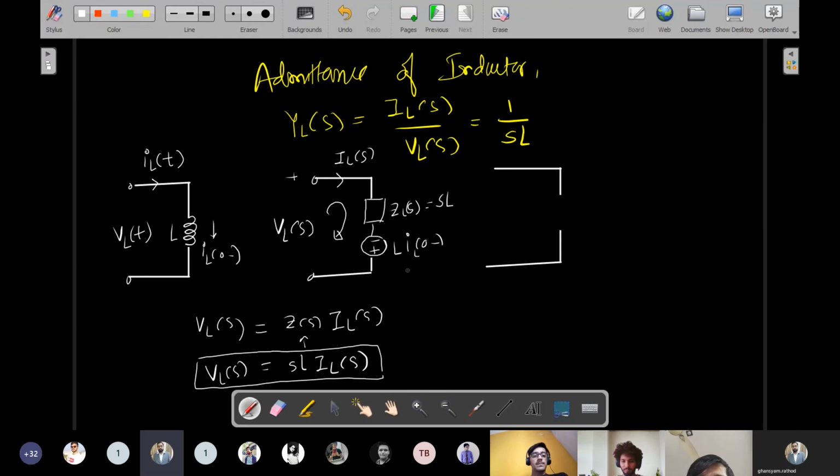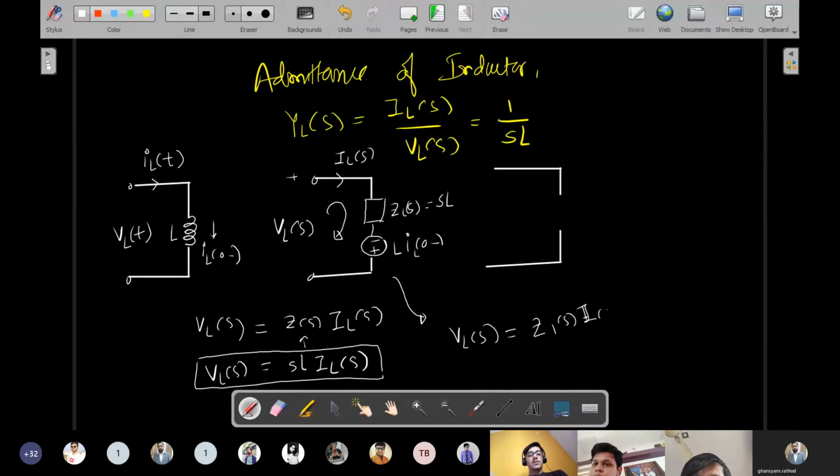So when you apply the KVL here, you can write V_L of S equal to Z_L of S into I_L of S, plus, this is plus minus plus, so here will be a minus sign, minus L I_L of 0 minus.